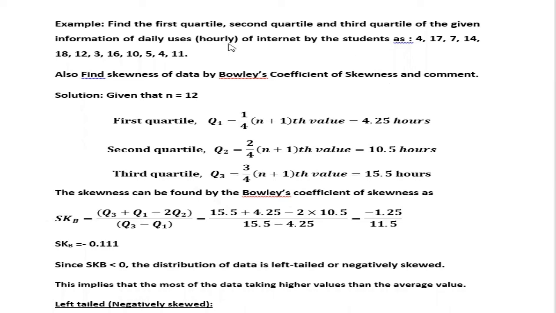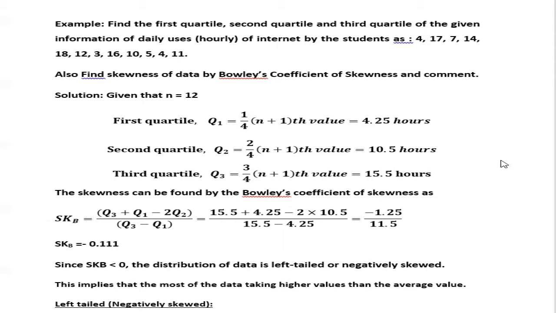We already learned how to calculate the quartiles. First quartile Q1 by this formula, and if you calculate it, you will get 4.25 hours. Similarly, second quartile Q2 by this formula, we will get 10.5 hours. And third quartile Q3 by this formula, 15.5 hours.